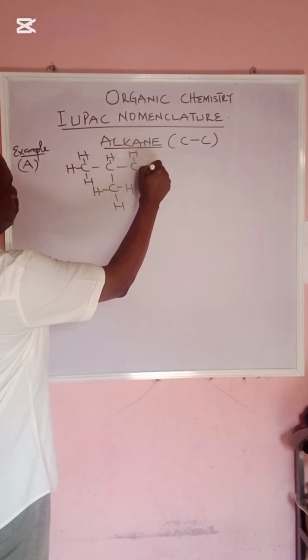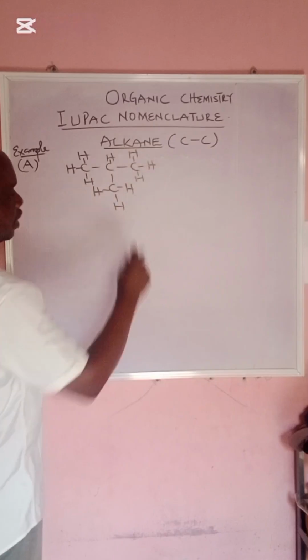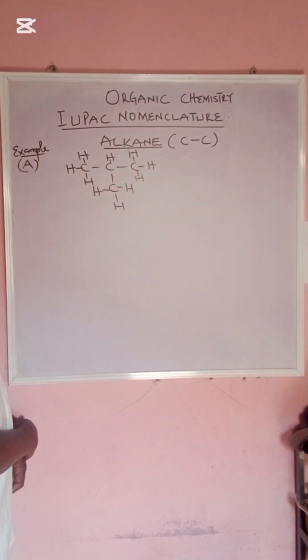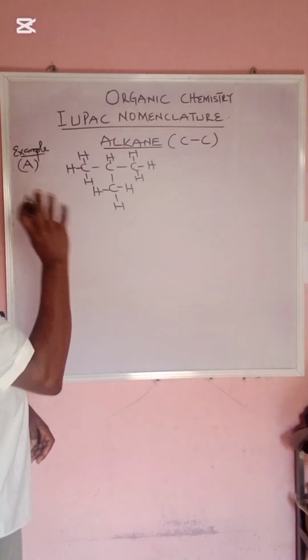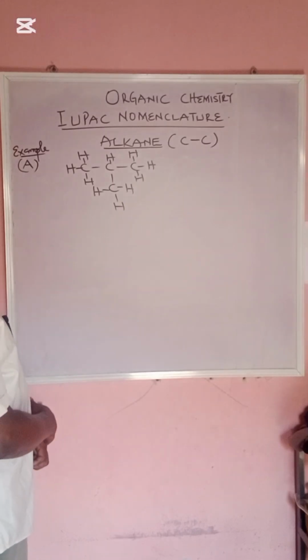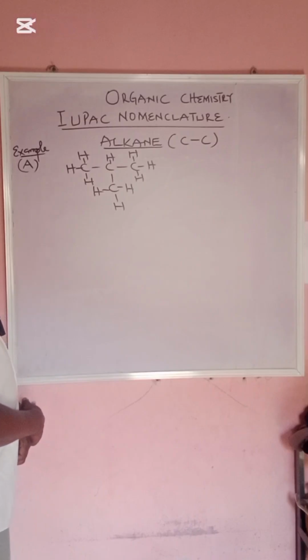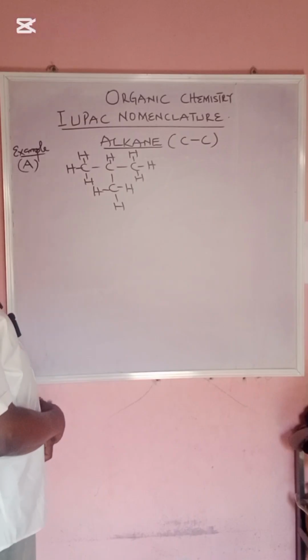We have the rules. We have written that one. What are the rules in naming organic compounds? E.g. alkane here, you count the number of longest unbranched carbon atoms, and it is written as a parent chain. Go and check the fourth video. Then you identify the functional group and write it as a parent name.